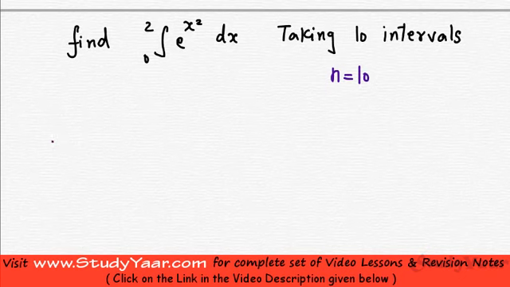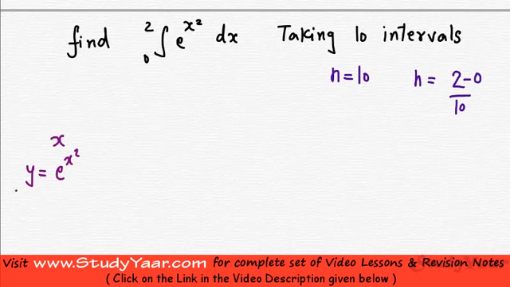You have your x, you have your y which is your f of x which is your e raised to power x square. It is given that we have to take n is equal to 10. So my h is going to be 2 minus 0 upon 10, which is 0.2.